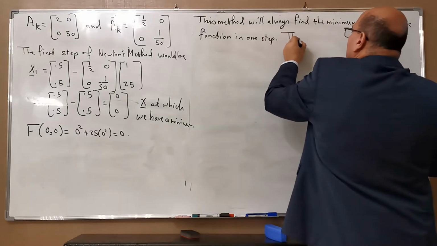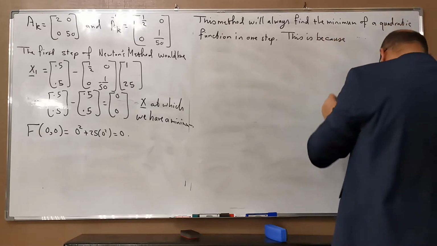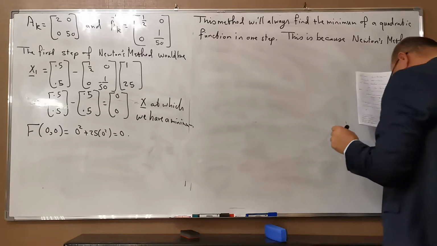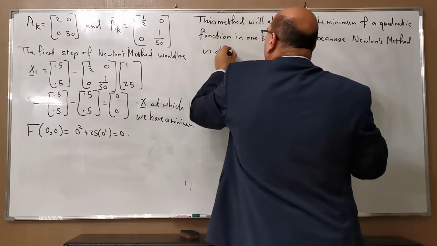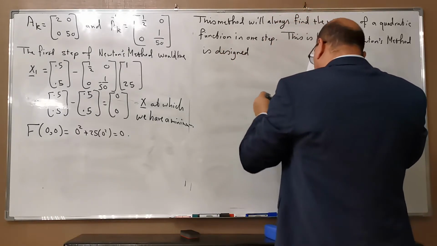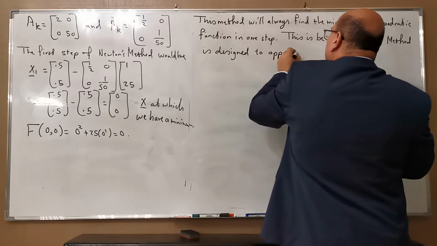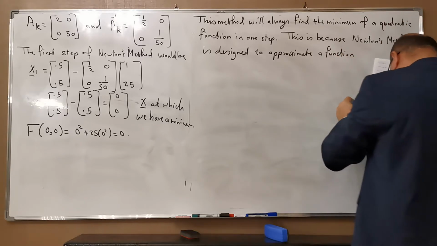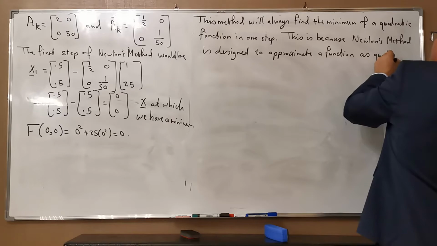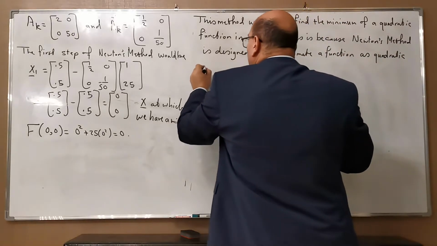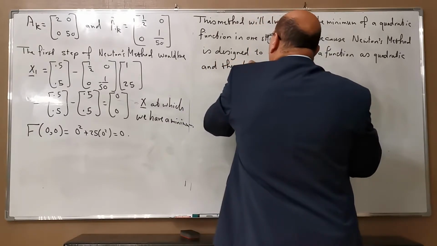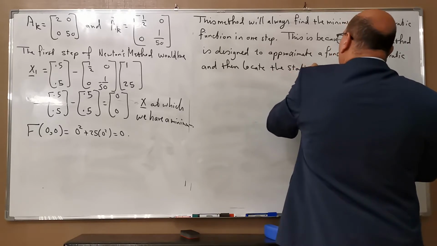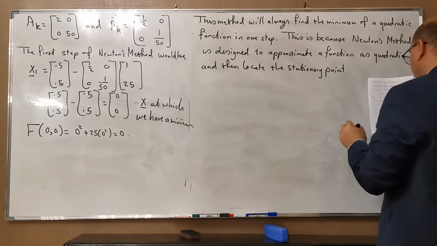This is because Newton's method is designed to approximate a function as quadratic, and then locate the stationary point of the quadratic approximation.